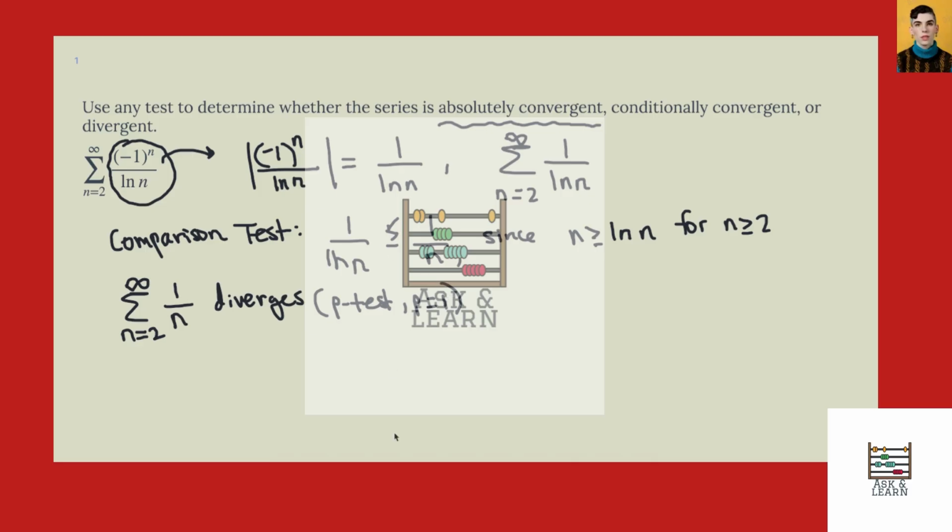So since our term up here was bigger than or equal to 1 over n, then by the comparison test, our series starting at 2, 1 over natural log of n diverges. So that's using comparison. So here we conclude that it's not absolutely convergent.